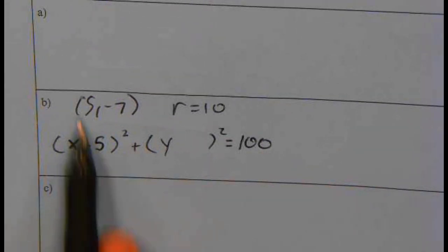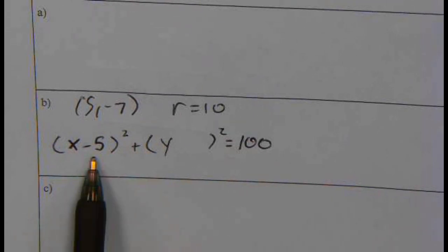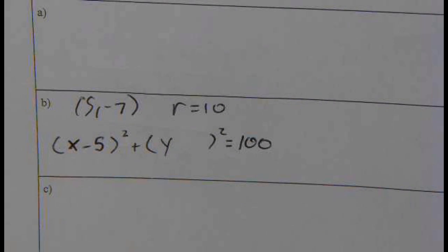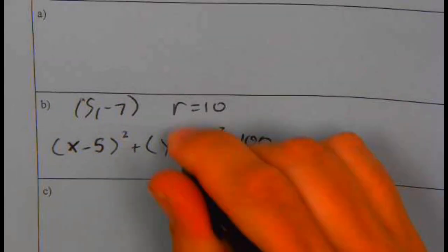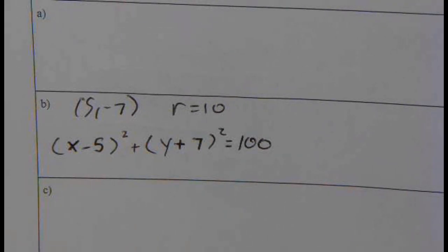All right, just like you're used to, if you shift it 5 units to the right, you're going to use x minus 5. But on circles, the y will also be the opposite sign, okay? Because it's inside the parentheses, kind of like x is. And so this is going to be y plus 7. So you change the sign for both of them for a circle.